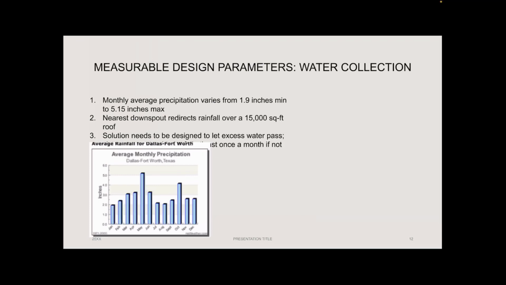So our cistern is guaranteed to be full at least once every month, and that'll last us, like I said, approximately 1.5 to 3 cycles depending on the time of the year.